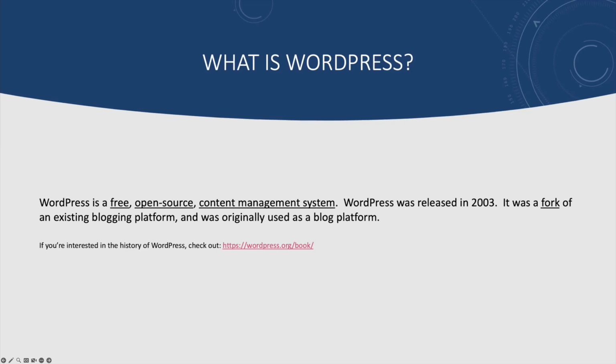And it's important to realize that WordPress was originally a blog platform because some of the concepts of WordPress and how it works, and some of the language that people use to talk about it, is left over from when it was primarily and only a blog platform.